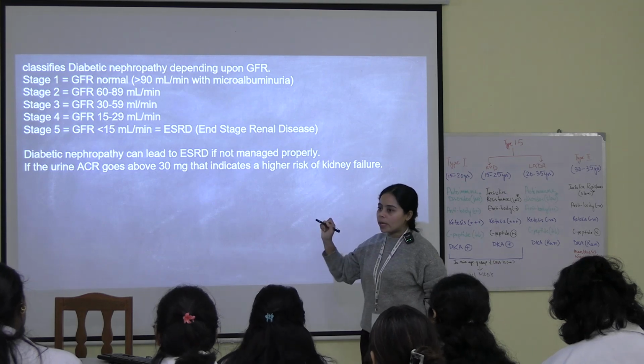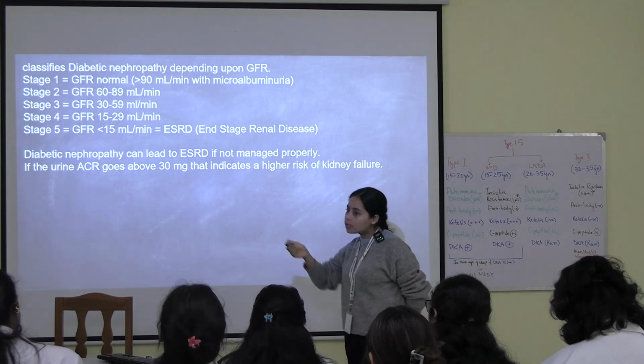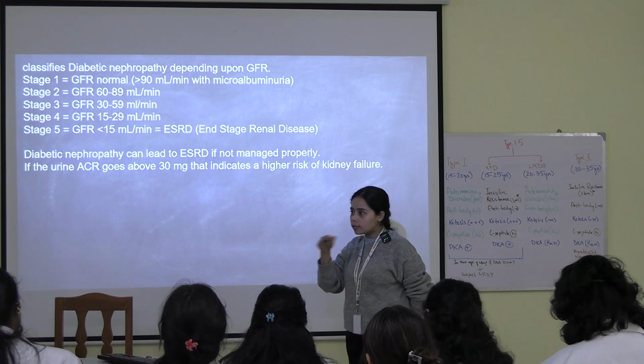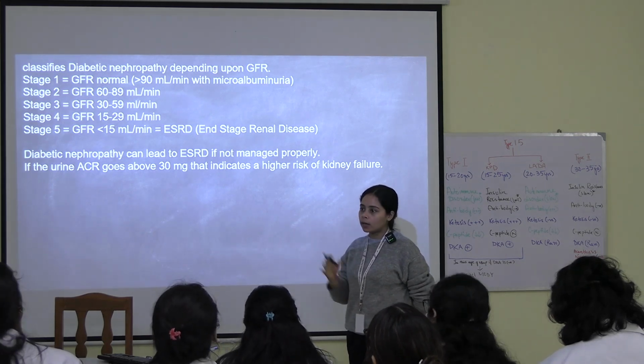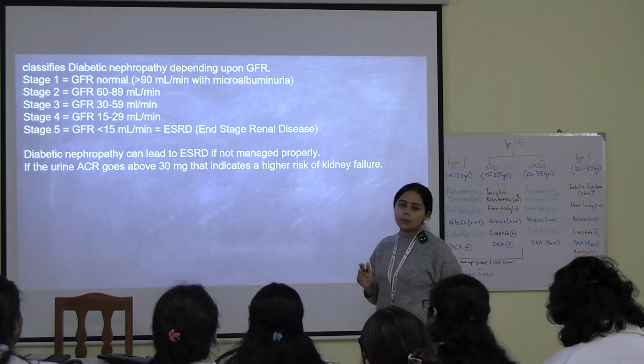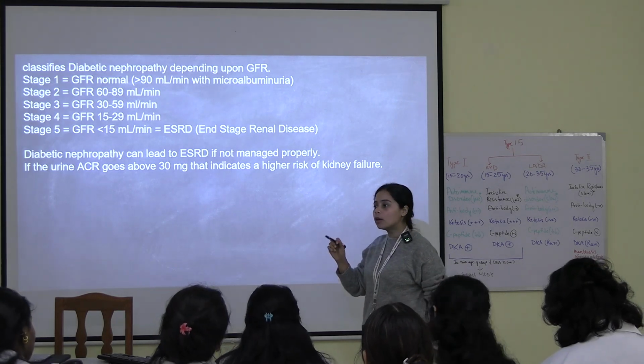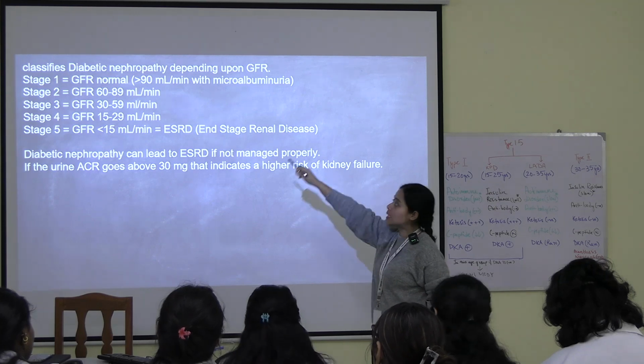Now this particular patient will develop kidney failure faster. Normally it takes 10 years, but in this case, earlier than that, the patient will develop kidney failure compared to a patient whose GFR was stage 1.